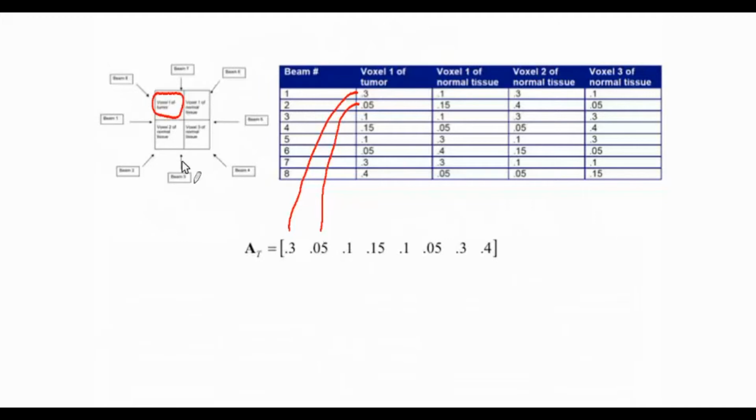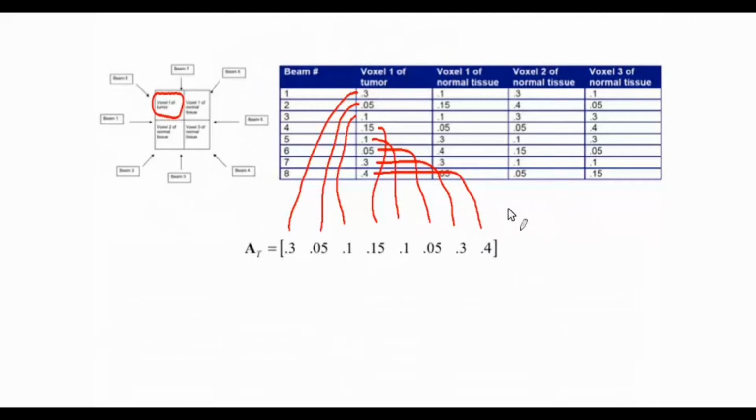Beam 3 comes up from the bottom. And beam 3 contributes 0.1 to tumor voxel 1. That's right there. And we can continue like that. 0.15, 0.1, 0.05, 0.3, and 0.4.